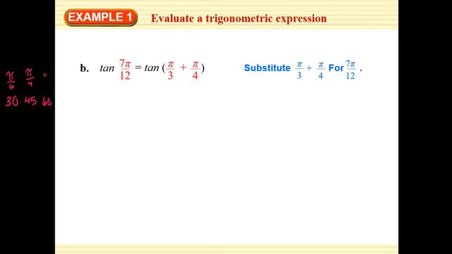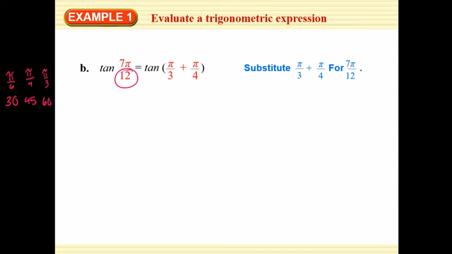And 60 degrees is pi divided by 3. So if we see this common denominator of 12, we might recognize that I'm going to need to be using these values, the pi over 4 and the pi over 3.